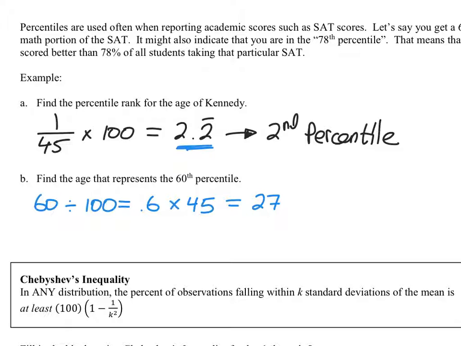What we do to account for that 1 extra unit of wiggle room is we include the next value up. So we're going to say the 27th and the 28th value.